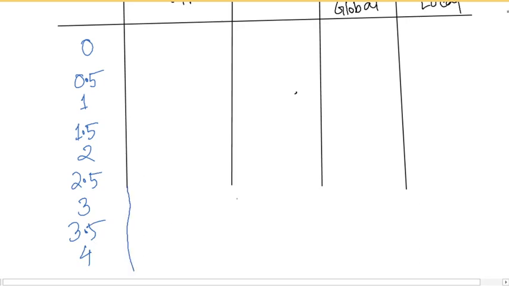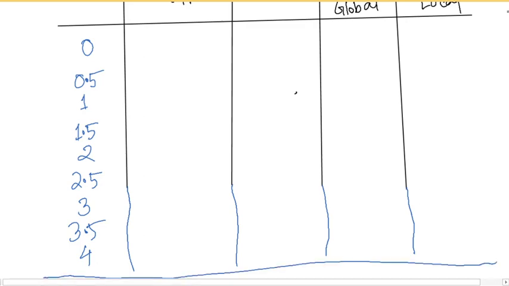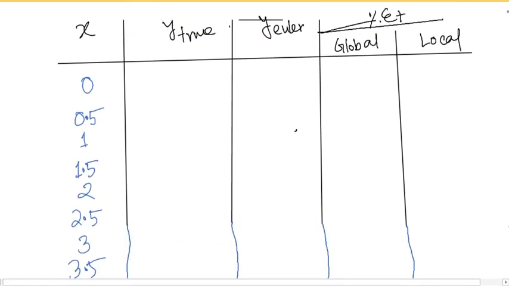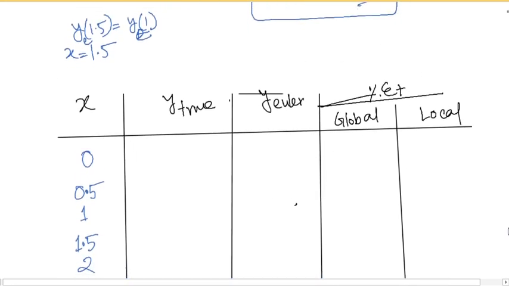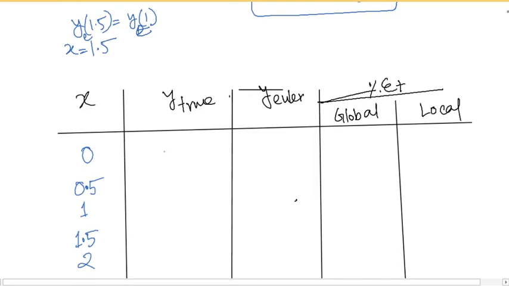In the exam, I might not give you all these things. I might give at least 1, 2 or 3 steps for you in the exam, but this is for your practice so that you find the values correctly. So for x equals 0, the true value was always the same. At the very beginning there was no Euler value there.